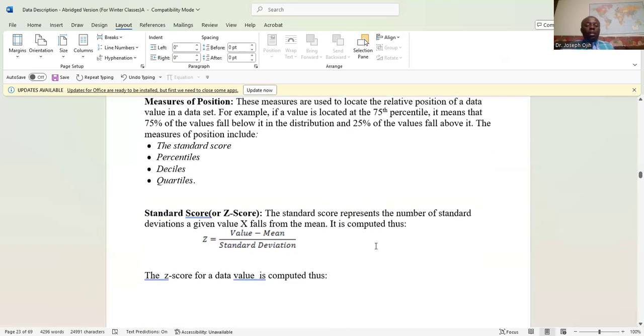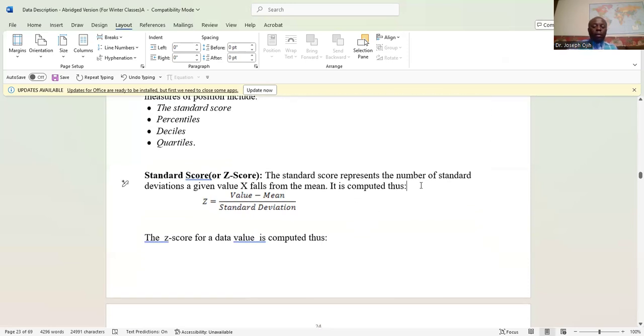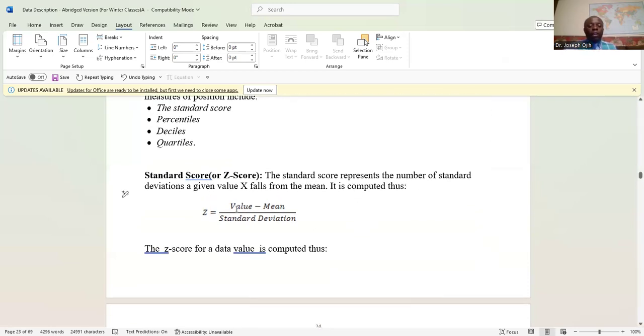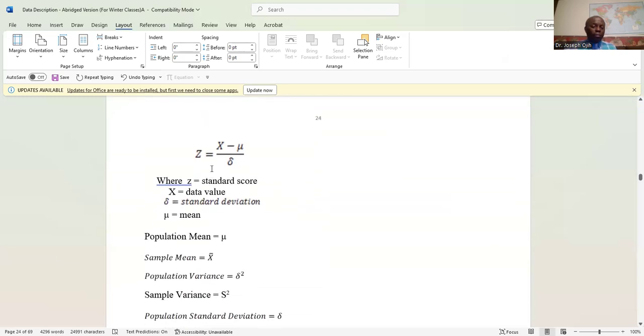Now, the standard score tells us the number of standard deviations a given value x falls from the mean. Normally, when we want to calculate it, we use this formula: value minus mean divided by the standard deviation. Otherwise, we can write it as z equals x minus mu divided by delta, where z represents the standard score, x represents the value, delta represents the standard deviation, and mu represents the mean.